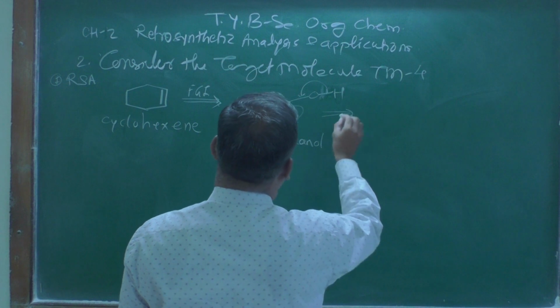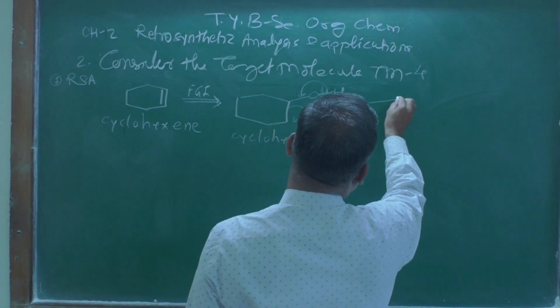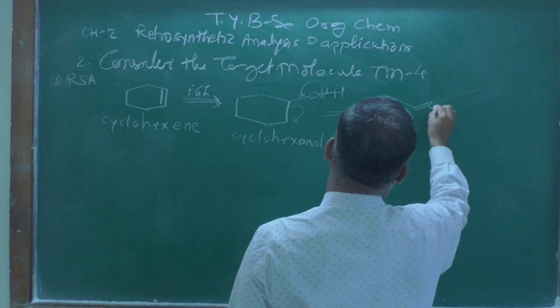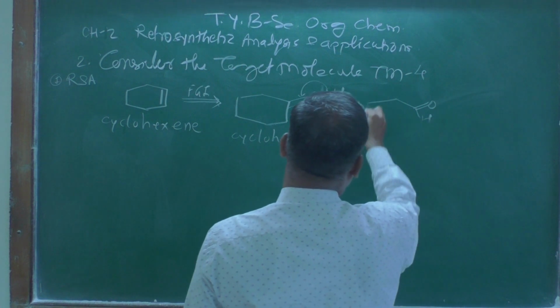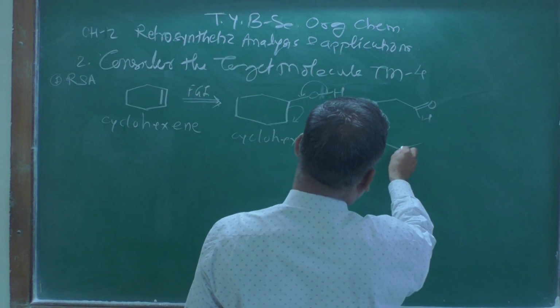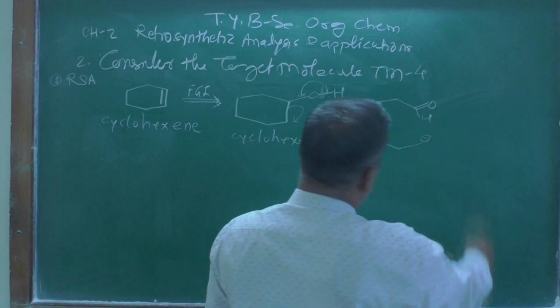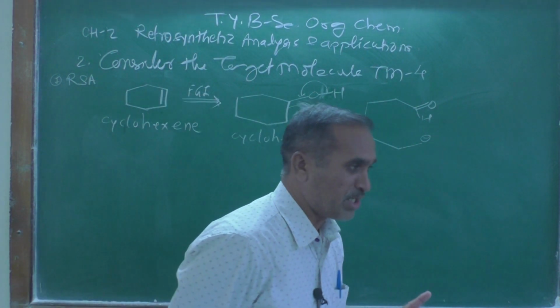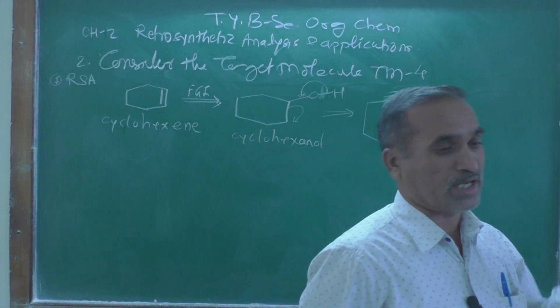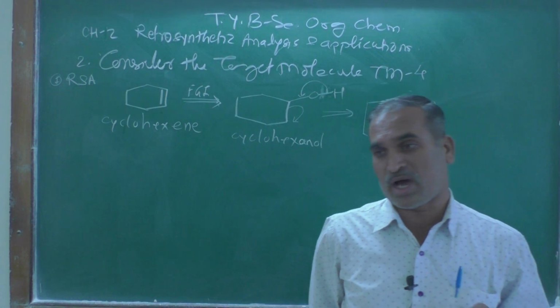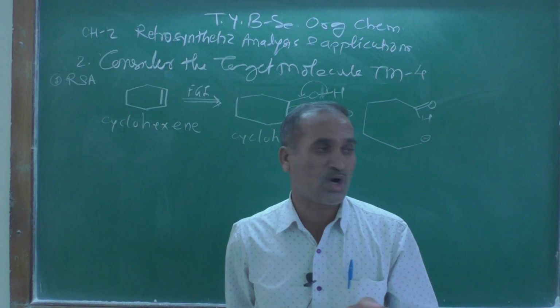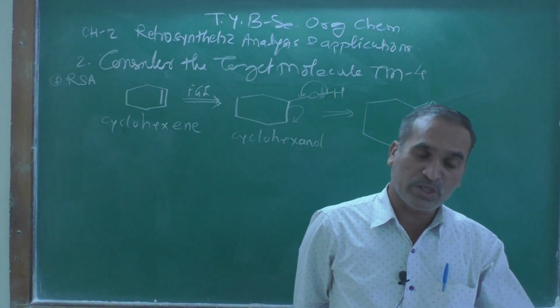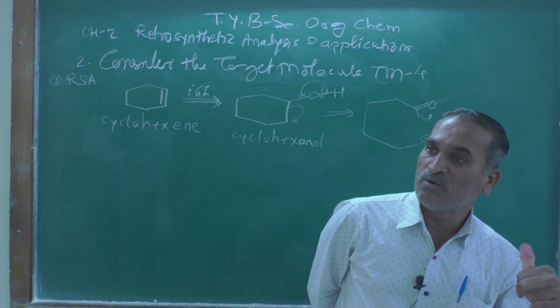After the disconnection, what are you going to get? You are going to get here an OH aldehyde group, and then the rest of the thing over here. Here you got a negative charge, and remember this negative charge means the carbon atom carries a negative charge. That species is called a nucleophile, which we have learned in the first chapter.